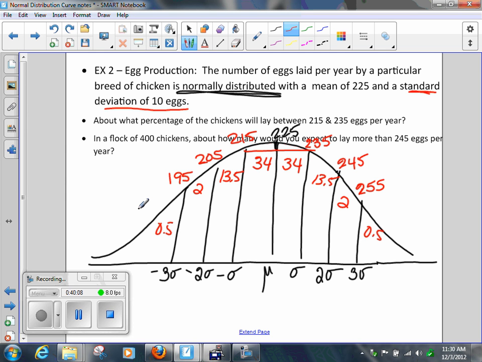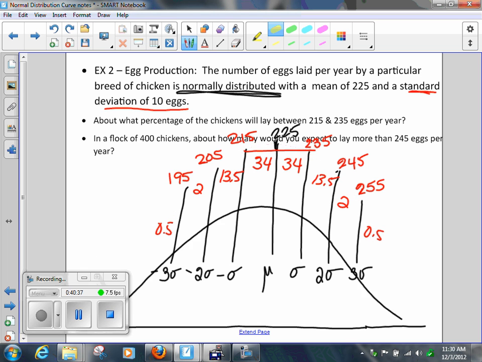All right, let's look at the question. It says, about what percentage of the chickens will lay between 215 and 235 eggs per year? Anybody? Between 215, from here to here.